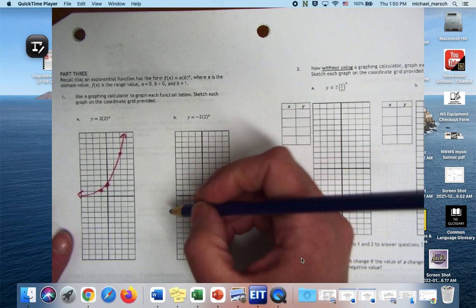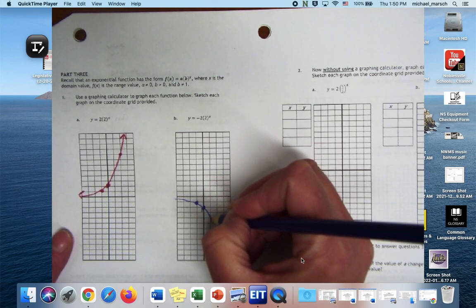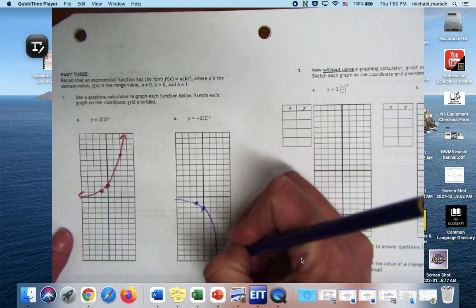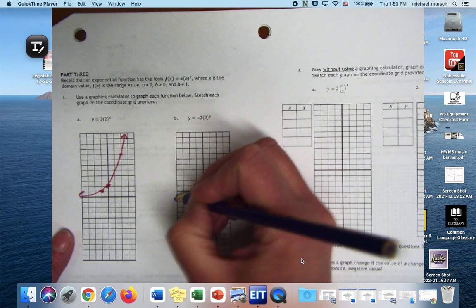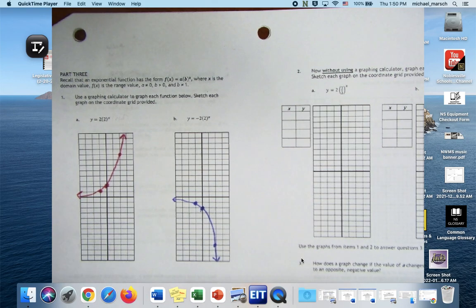And then I'm going to connect them just like I did. Oh, whoops, I put that on the same graph. Well, maybe I'll draw zigzags and then draw this one over here. I connect my dots. Okay, perfect.